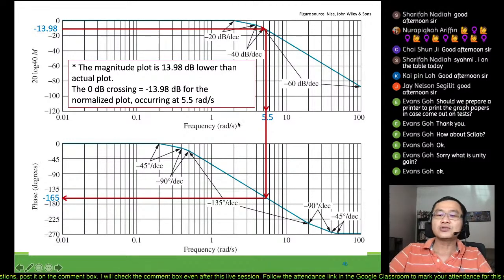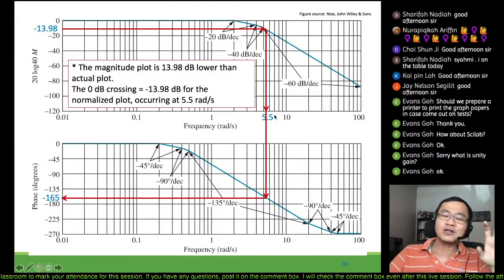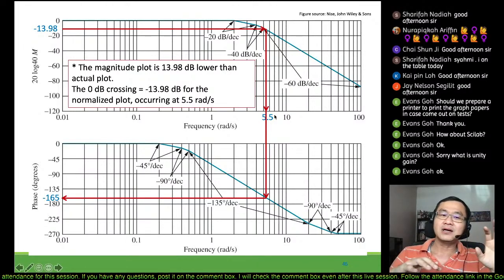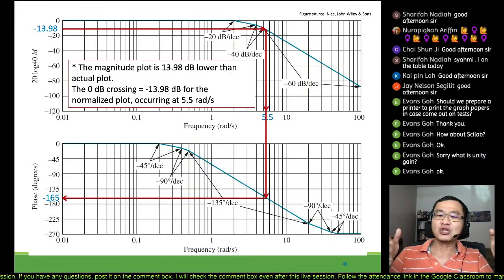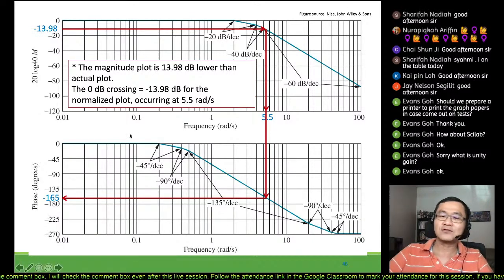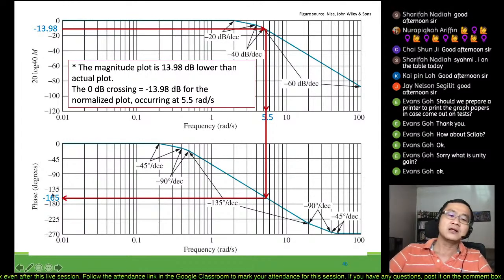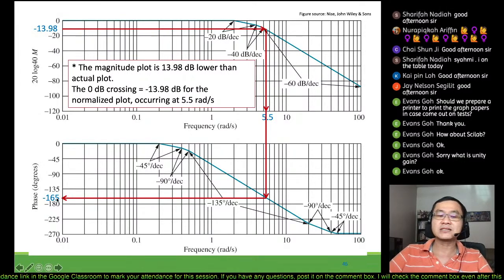minus 165. So why we try to get this frequency is that sometimes this is where it will occur, and estimated to occur. Also if we are plotting it on graph paper, which may not be aligned correctly, you just take this value and go to this 5.5 again, you read, and you get approximately minus 165.